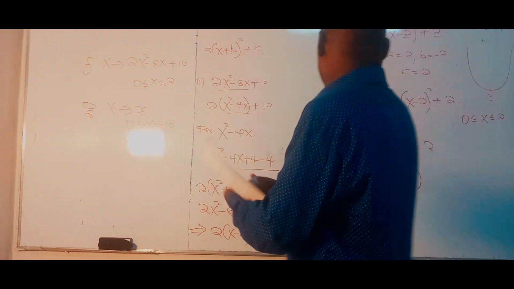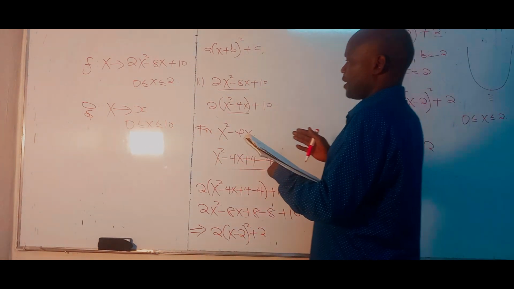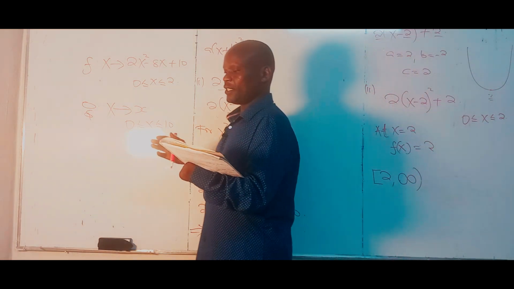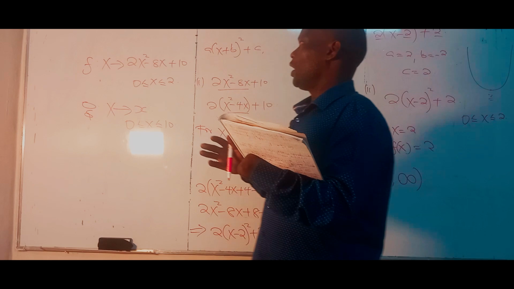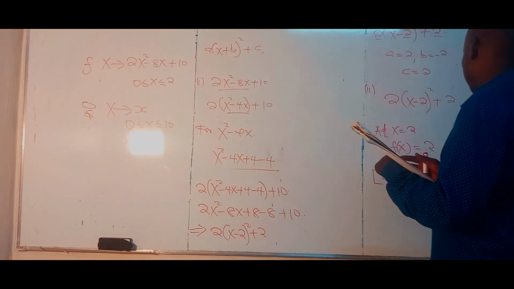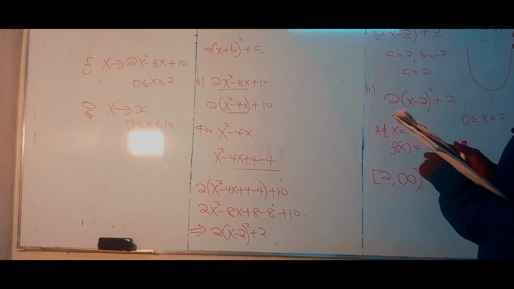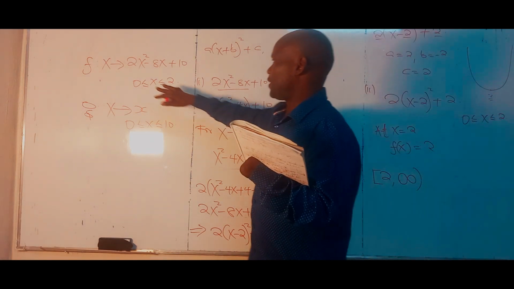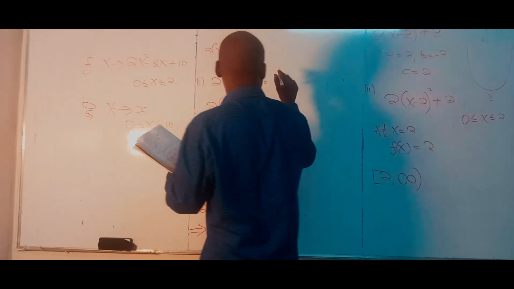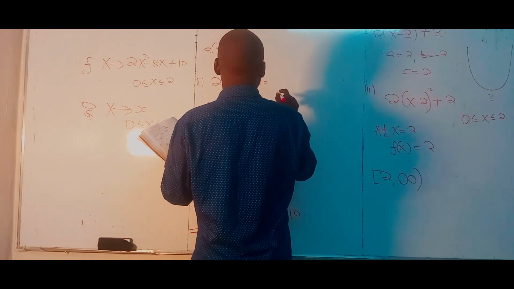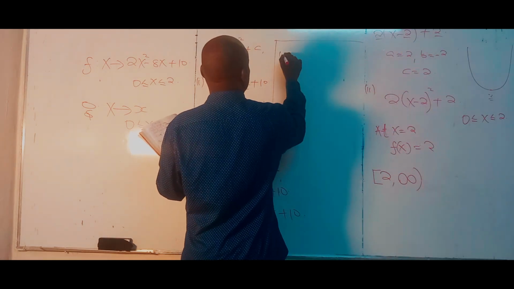Now, that is an assignment I want you to attempt on your own, and I'll guide you on how to. So the function f of x is this. So I'm just guiding you on how to go about Roman 3.